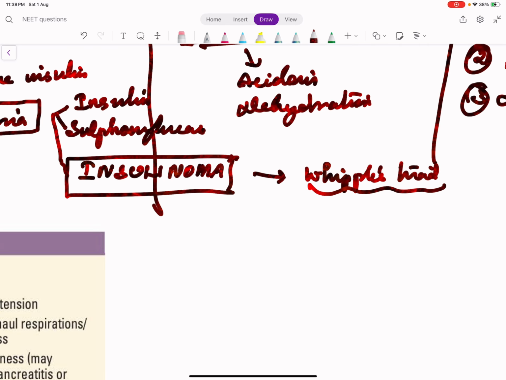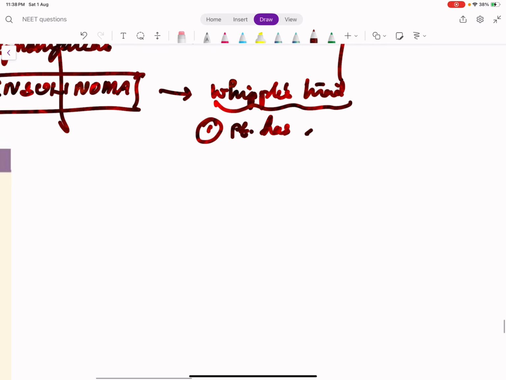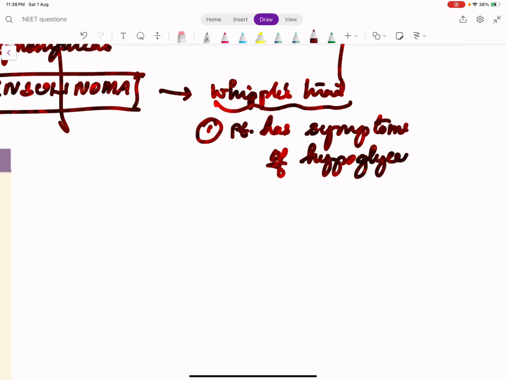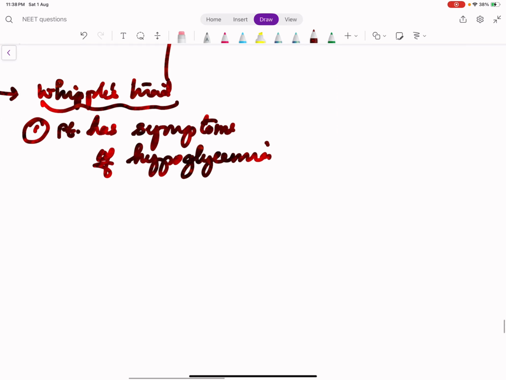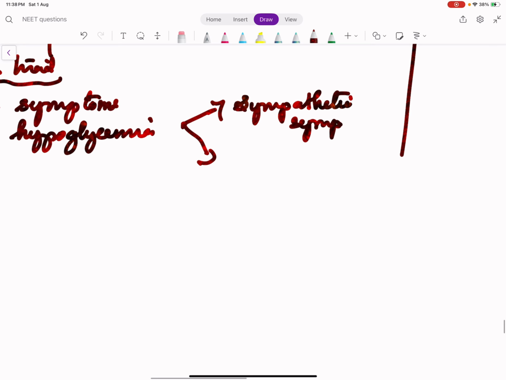So when do you say Whipple's triad? One, the patient has symptoms of hypoglycemia. We can divide hypoglycemic symptoms into two categories. One is autonomic or sympathetic symptoms like irritability, sweating, palpitation, tachycardia.